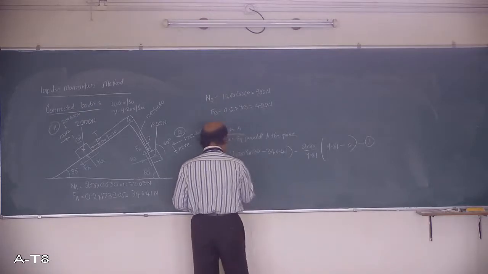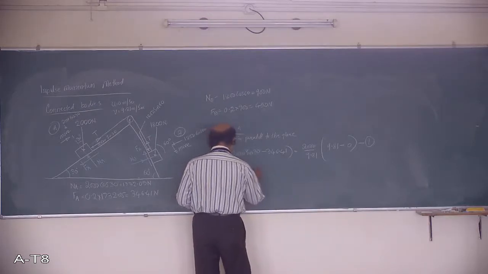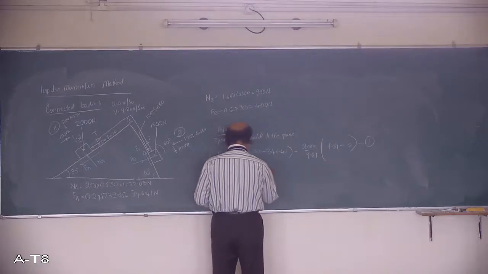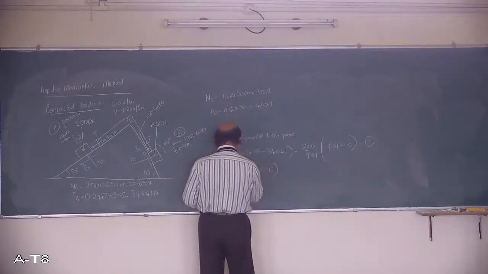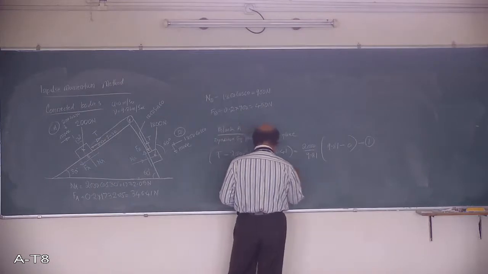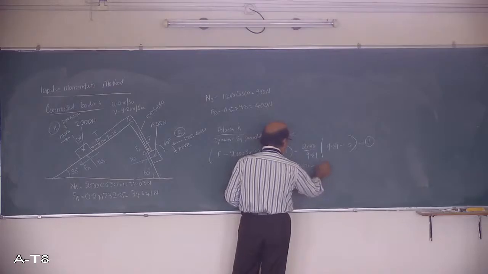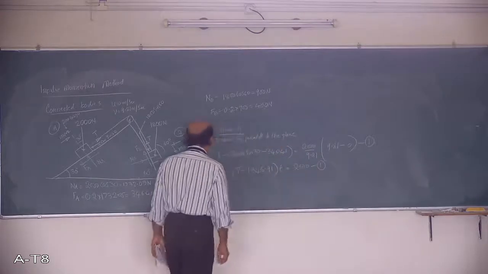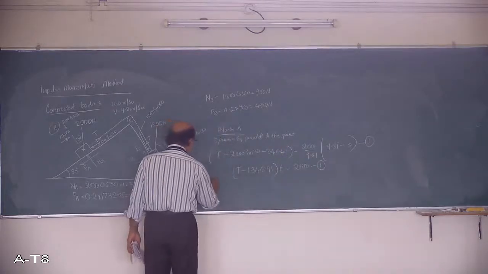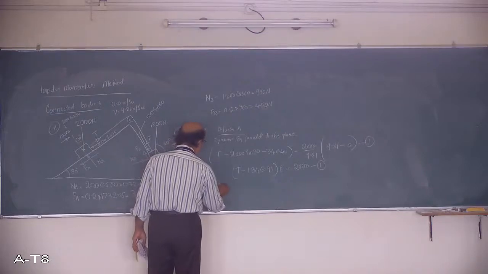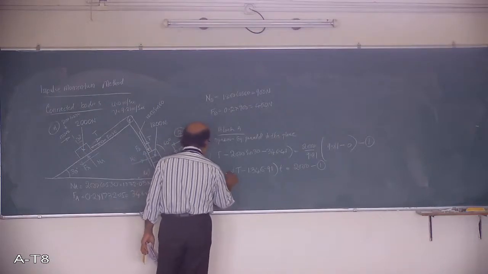Simplify it, T minus 1346.41 into t is equal to 2000, equation 1. Similarly for block B, there is one equation I got, but there are two unknowns.